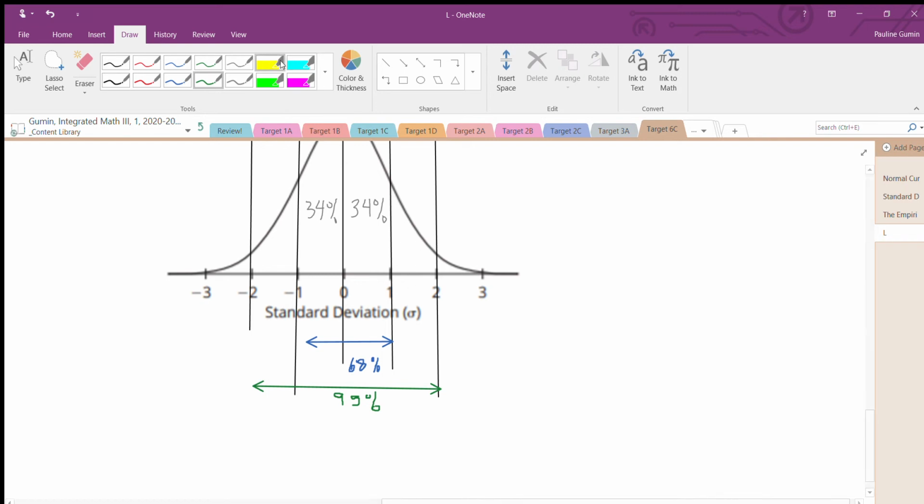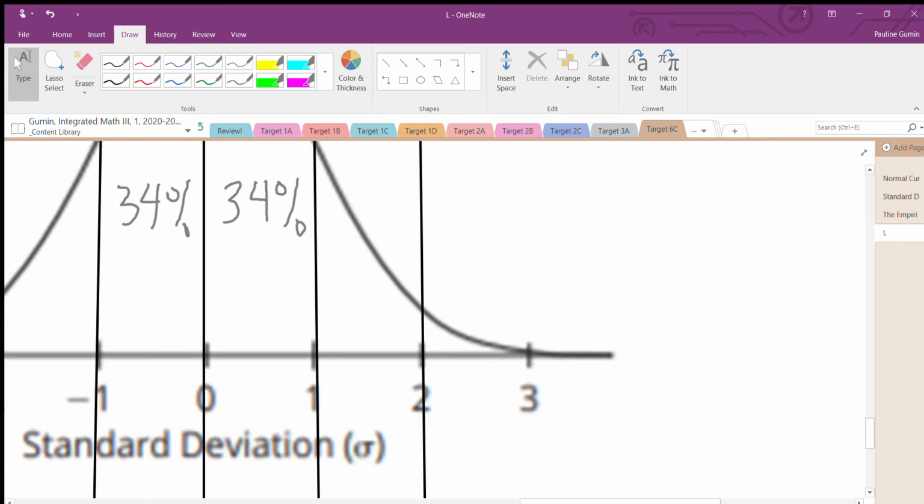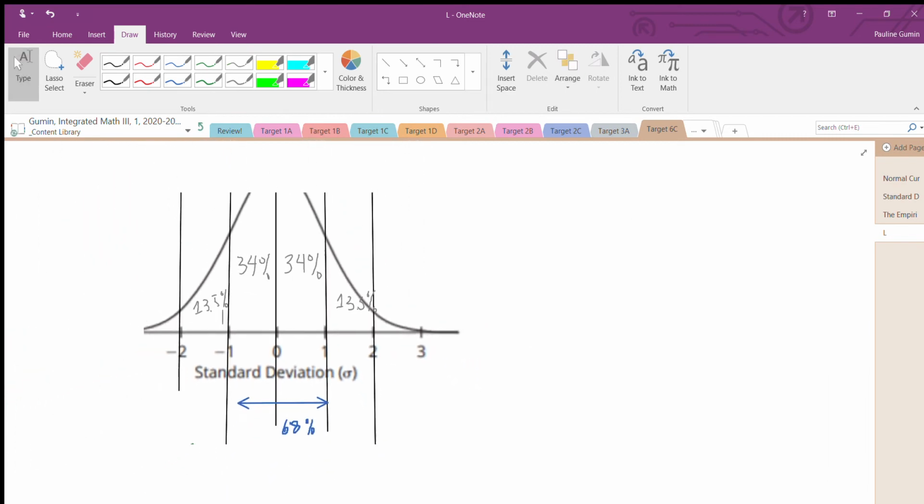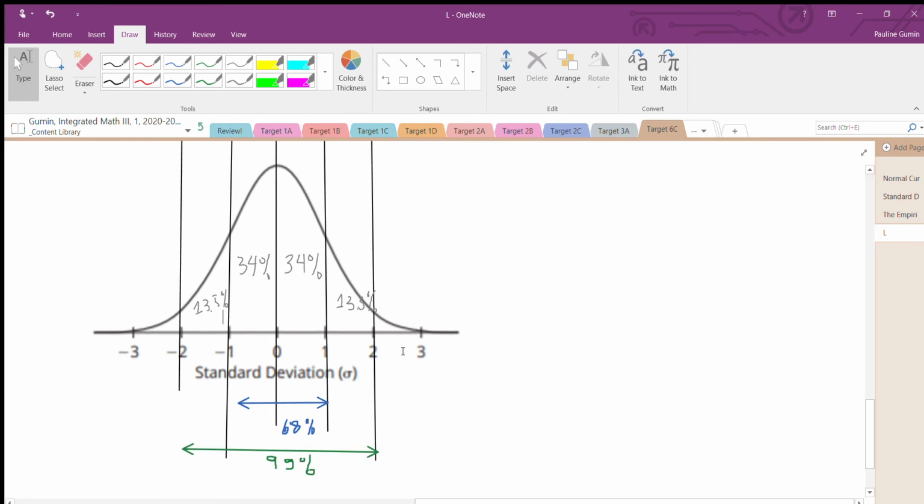When we break it down, in this little section, we have 13.5% of the data. And over here, we also have 13.5% of the data. All right, so that's 95% of all the data.